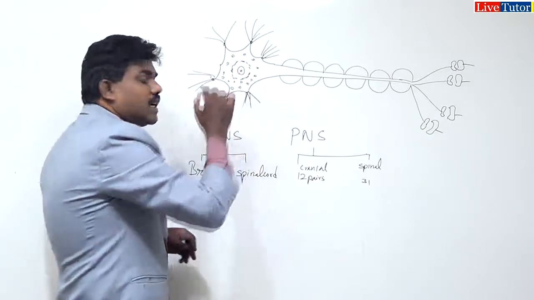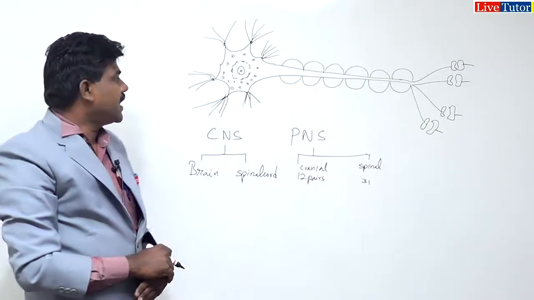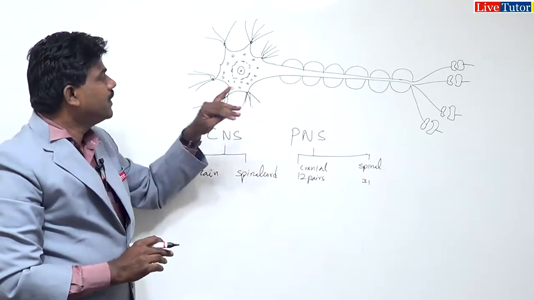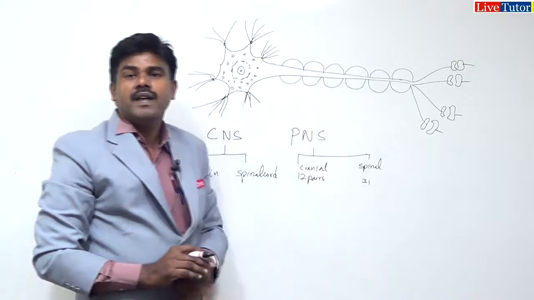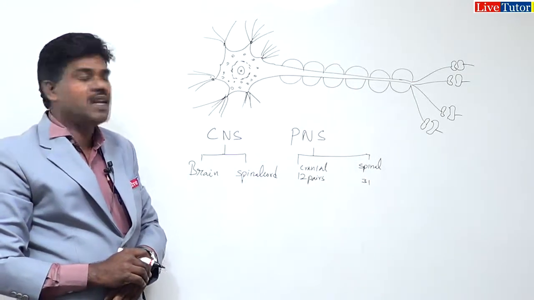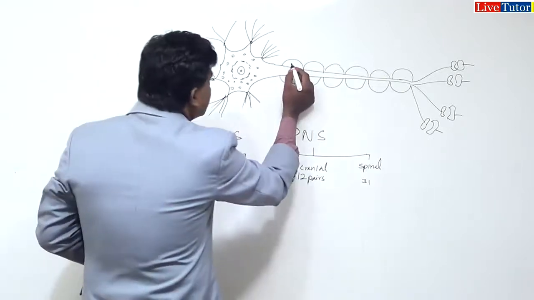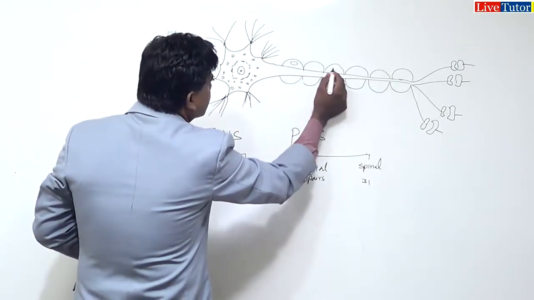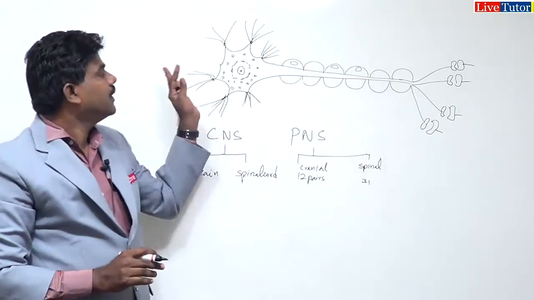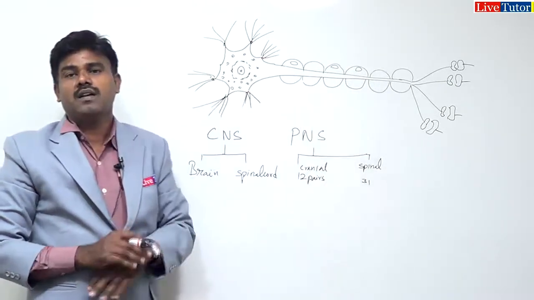The nucleus, perikaryon cytoplasm, and Nissl granules are found in the cyton. This is the axon, covered by a medullated or myelinated sheath. Schwann cells are also present on the axon. So this is a multipolar neuron.